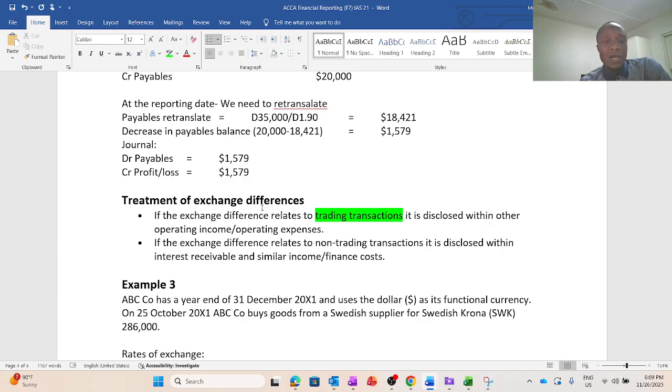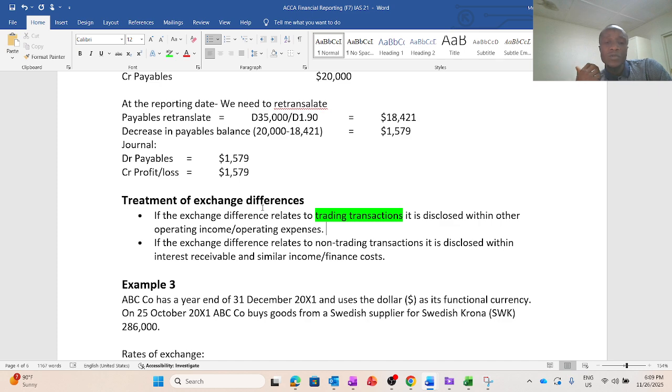Simple. Another aspect: if the exchange difference relates to a non-trading transaction, it is disclosed within interest receivable and similar income or finance cost. For instance, if we took out a loan in foreign currency, that is not a trading transaction.